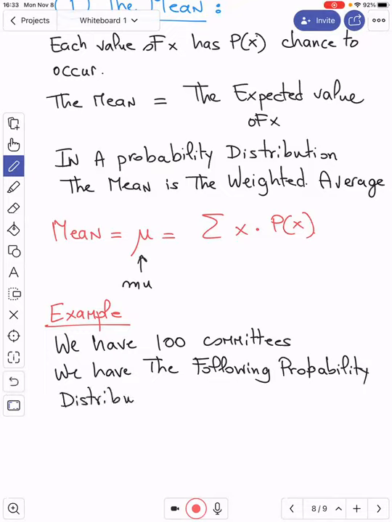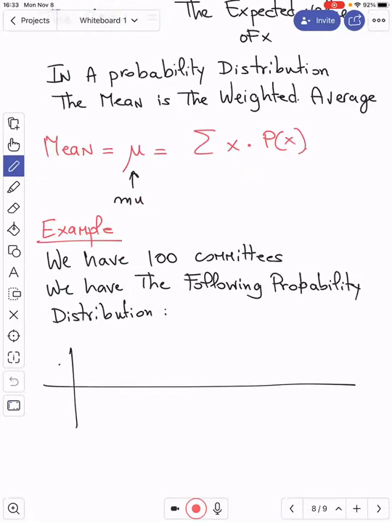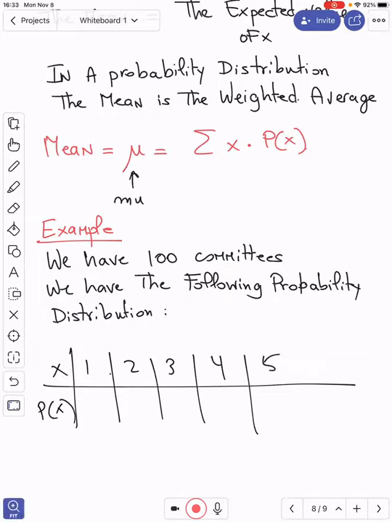Just to remind you, we have X here: 1, 2, 3, 4, 5, and then P of X. Of course, X is the number of professors in a randomly chosen committee.